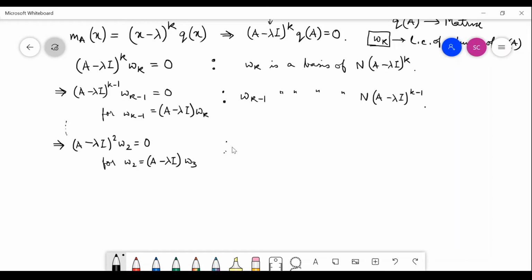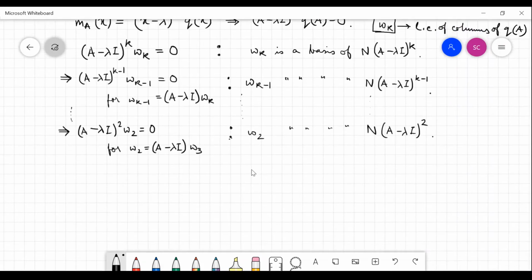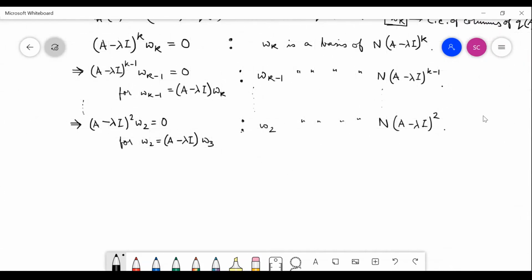This means that omega 3, so I am getting a series of such vectors, each a basis of the corresponding null spaces. Here I get a vector omega 2 which is a basis of the null space of A minus lambda I squared.